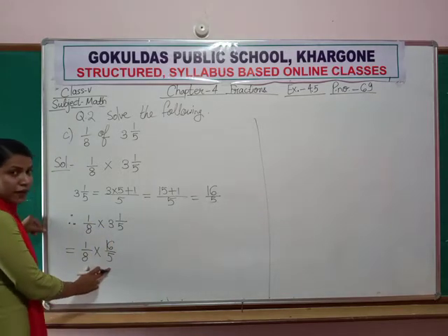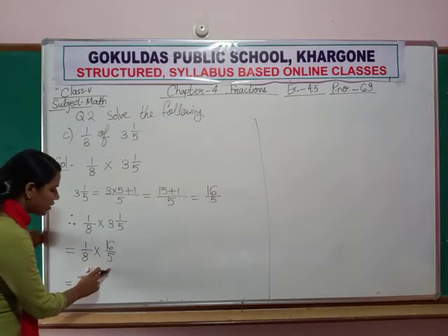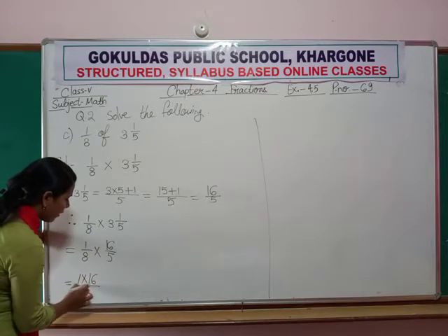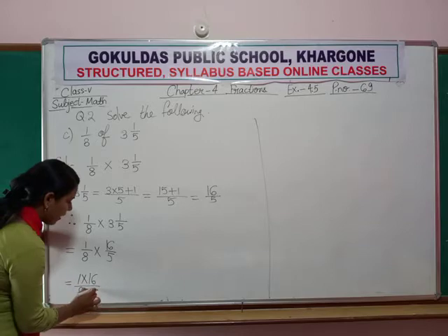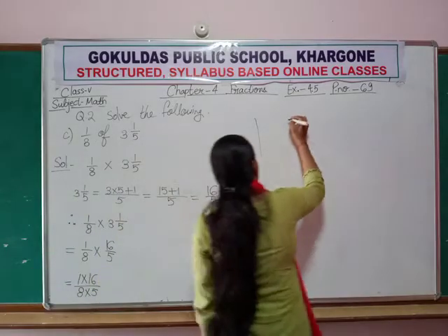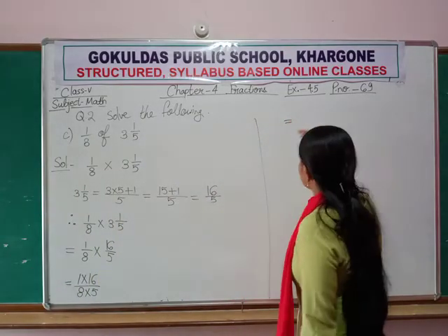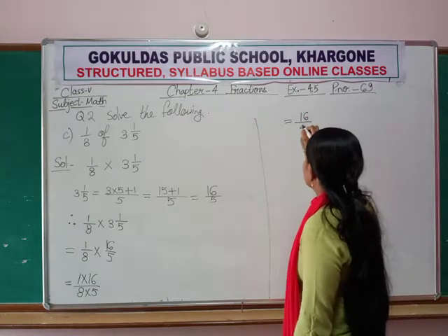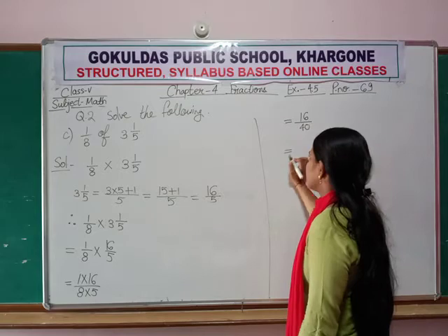Now we need to multiply two fractions, and how do we multiply fractions? Numerator multiplies with numerator, and denominator gets multiplied with denominator. So 1 into 16 gives us 16 upon 8 into 5 gives us 40.